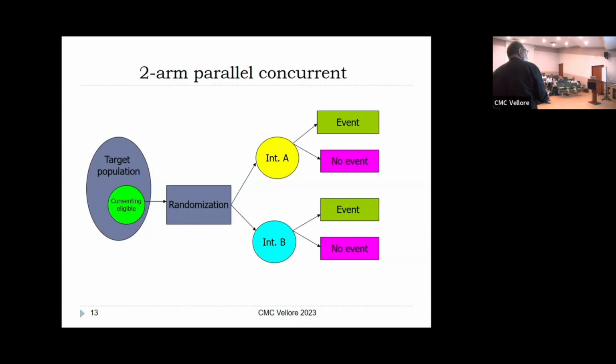However, given your eligibility criteria and your exclusion criteria, as we said earlier, you homogenize, reduce the variability in that group. Why? Just to be able to get the result of the effectiveness of your intervention without having too much noise in the system.